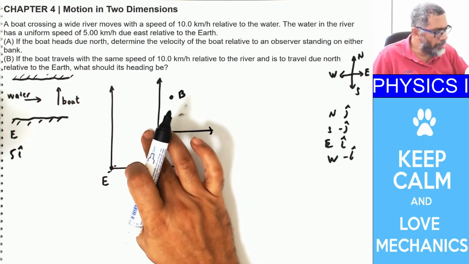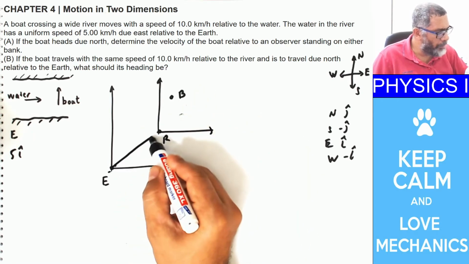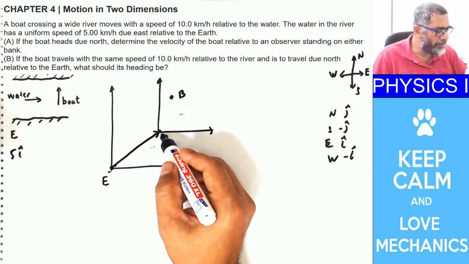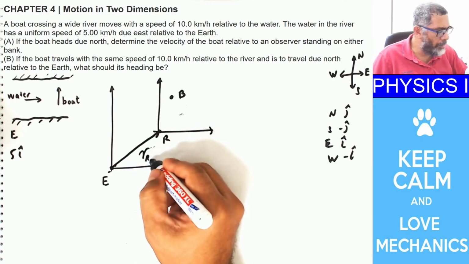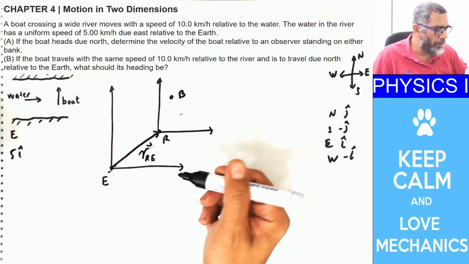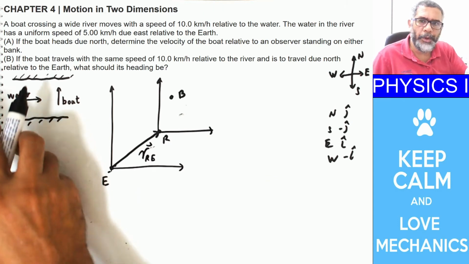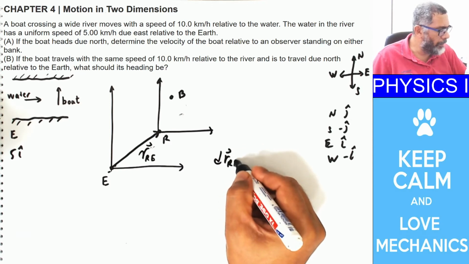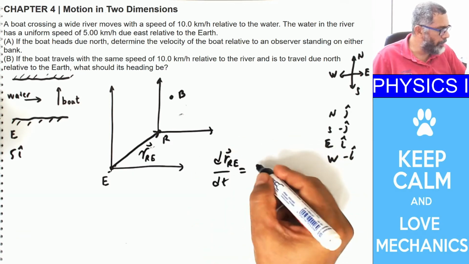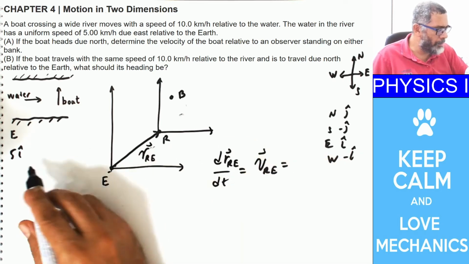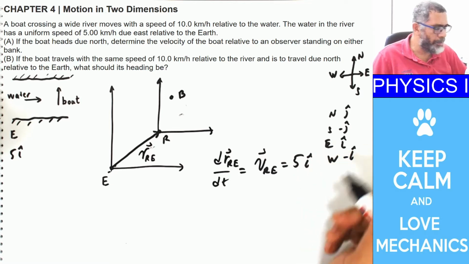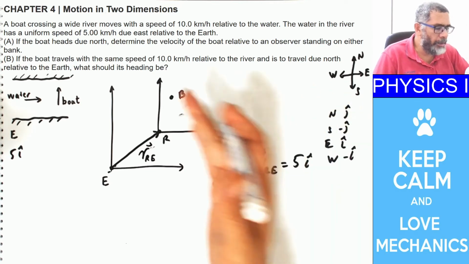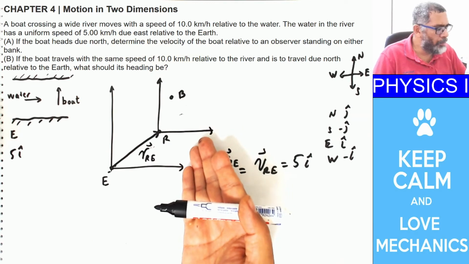Okay, if you draw the position vector from the origin of the Earth reference frame to the origin of the river reference frame, and label this as RE, the vector, what this 5 kilometers per hour given in the problem is nothing but dRE divided by dt, which is just VRE, and it is given as 5 meters per second I. We should relate the given values in the problem to the picture of the problem.